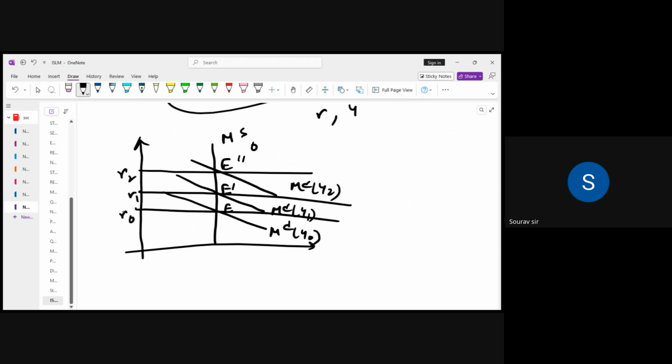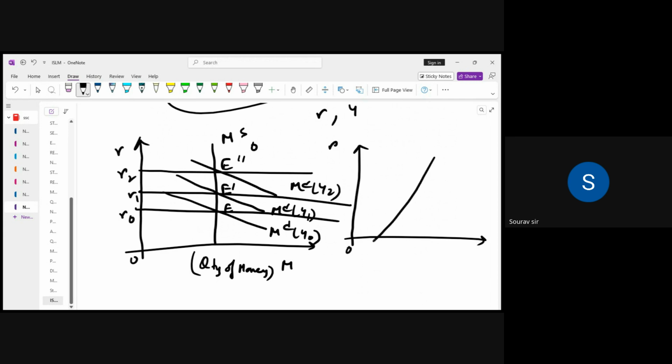Here we have the interest rate, and here we have the quantity of money. Okay. So here we have the LM curve, and for the same we get here E bar. So it's R0, R1, and R2, and Y0, Y1, Y2. Same way, here we have income and here we have the interest rate.